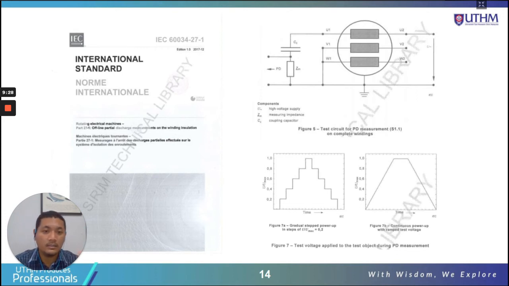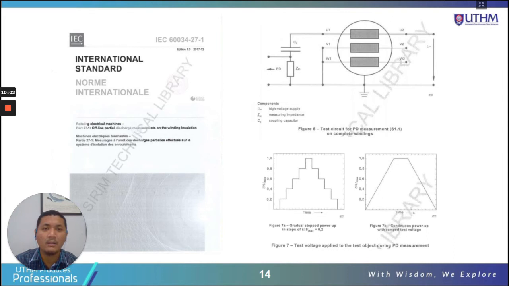And on the right side, this is an example of what is available in the standard. Of course I cannot share the standard with you because you have to purchase it, and we don't provide the standard in UTHM, but you have to personally request from the library for them to get the standard.